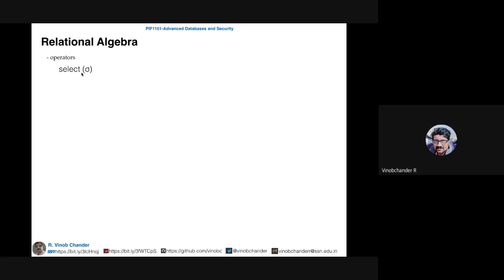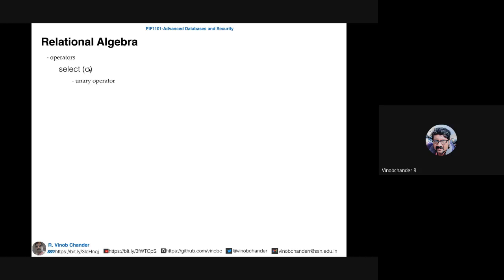So if you have a particular table and you want to select either all the rows or a particular set of rows, or any rows in between, depending upon a particular condition. Yes, of course, you need to specify the particular condition as well. So depending upon the condition, if you want to select a particular row or a group of rows from a particular relation or table, you make use of the select operator.